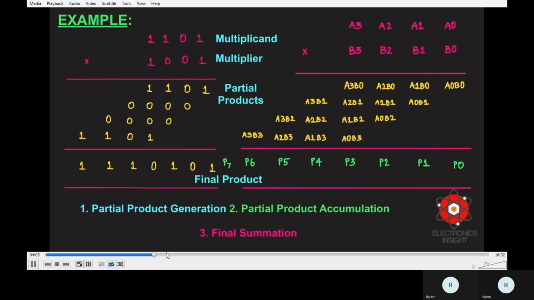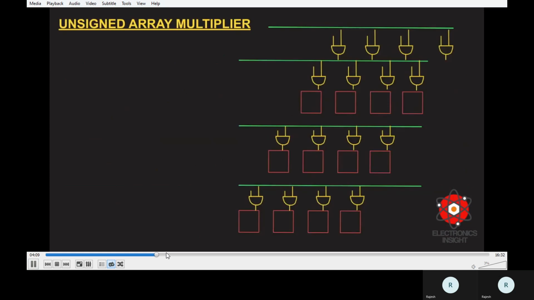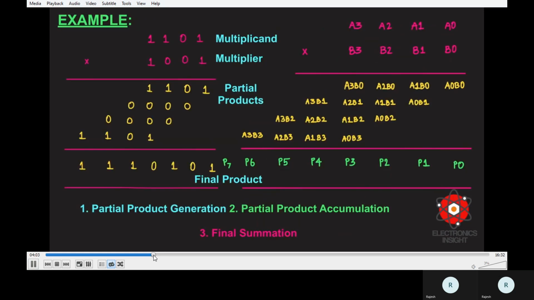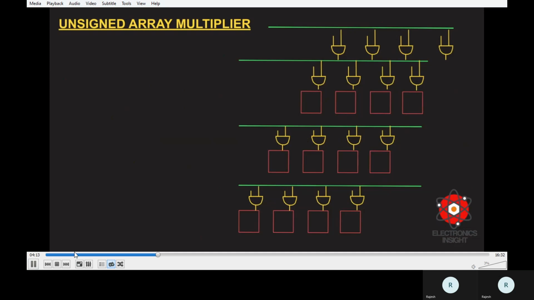So remember, we have partial product generation and partial product accumulation. Based upon the design requirement, an unsigned array multiplier requires that you multiply each of your multiplier bits with the multiplicand.